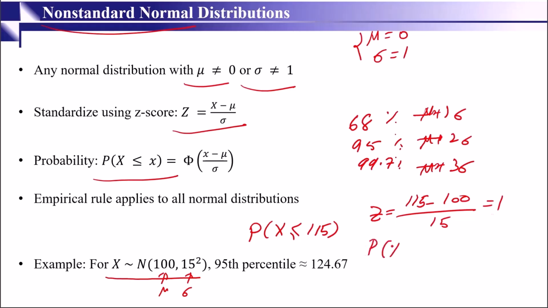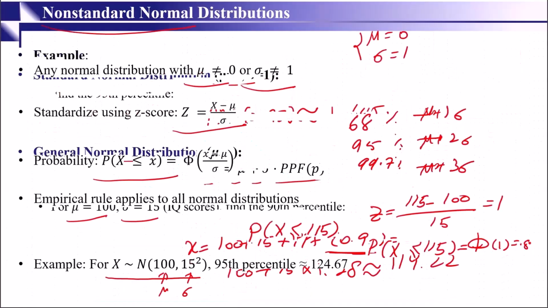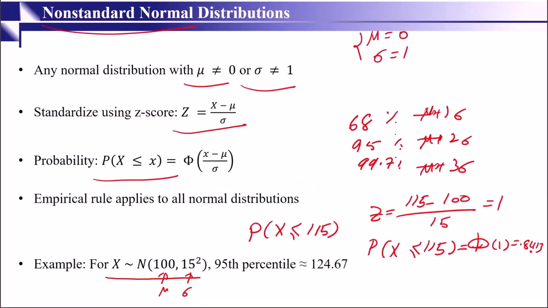Then the probability of X less than or equal to 115 is equal to phi of 1, which is 0.8413.